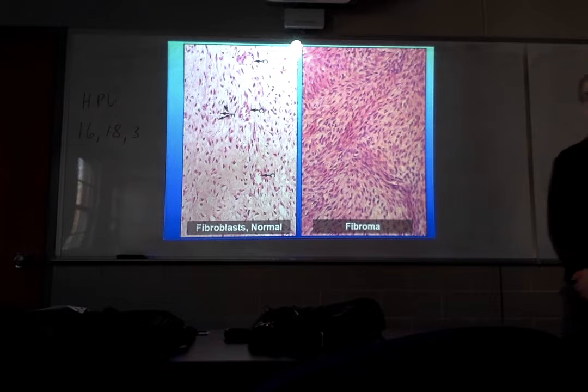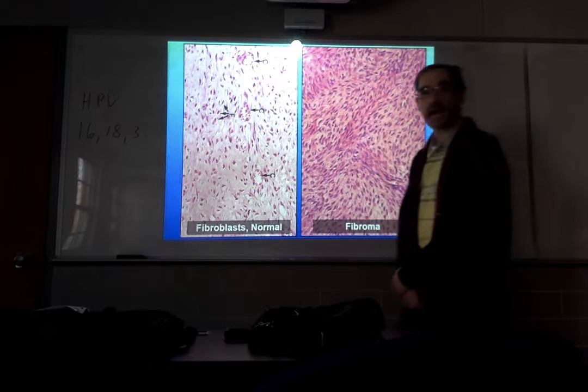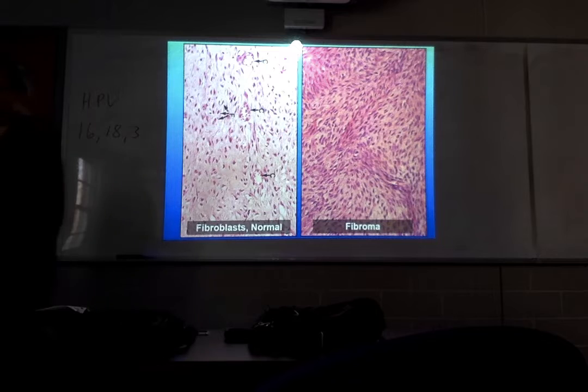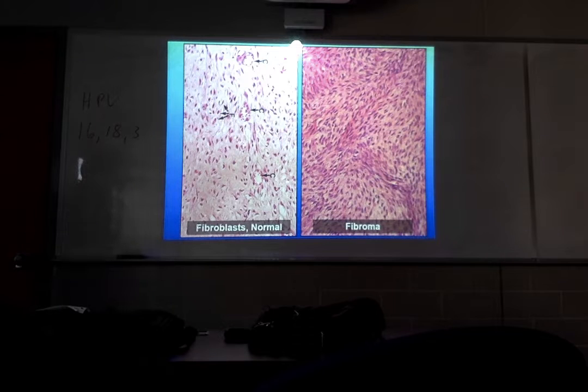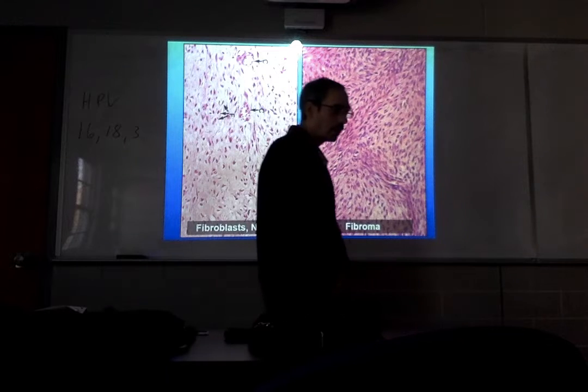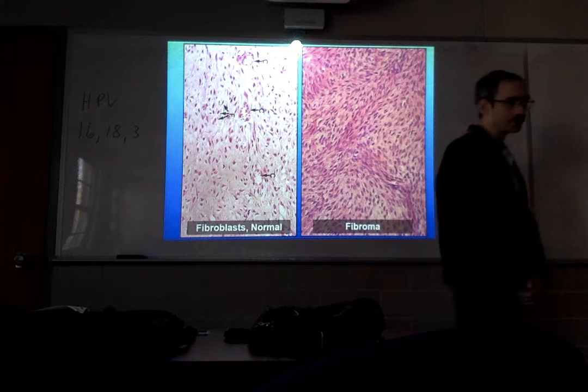We have a generic name for a benign neoplasm that originates from glandular tissue and makes glands as it grows. We call that benign neoplasm an adenoma. An adenoma is a benign neoplasm that originates from glandular tissue and makes glands as it grows.